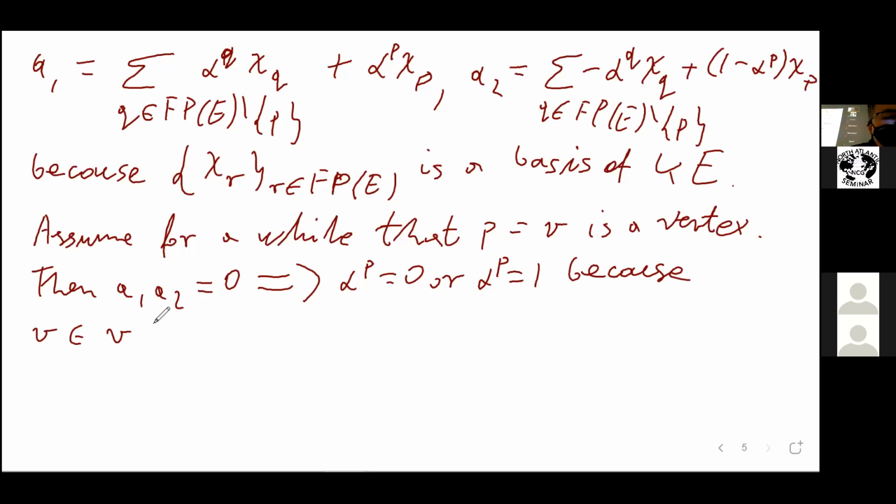I take V times, okay, I must correct it. So here, I did it for a reason. So this is a finite set K not containing P, and likewise here.